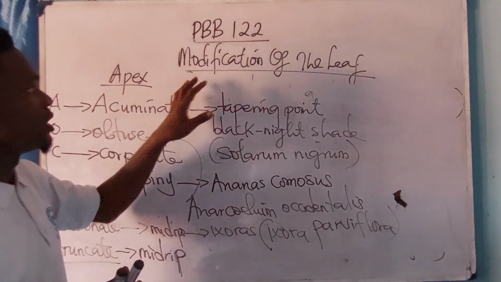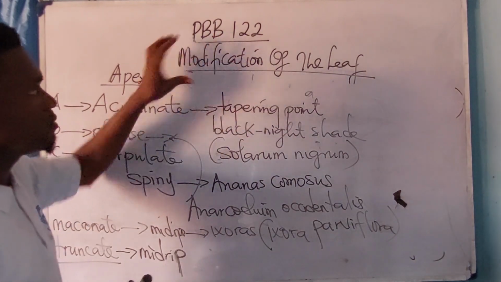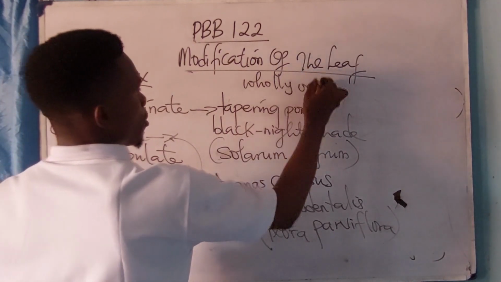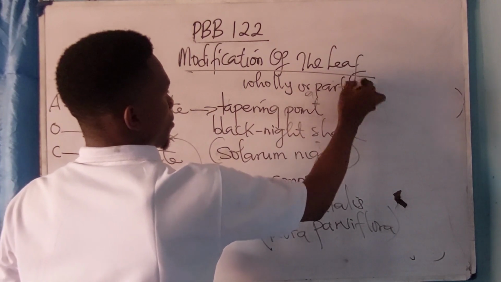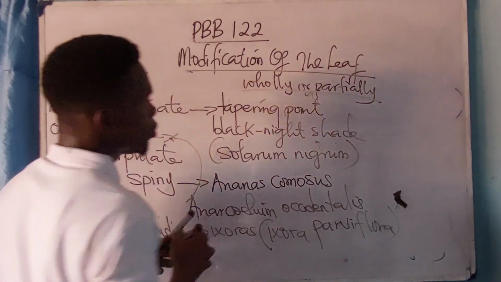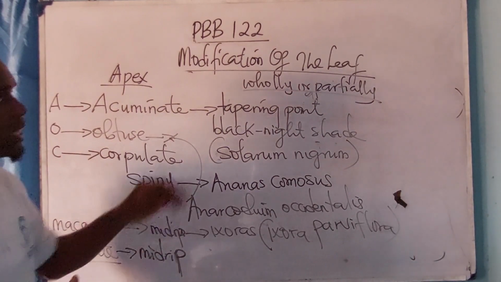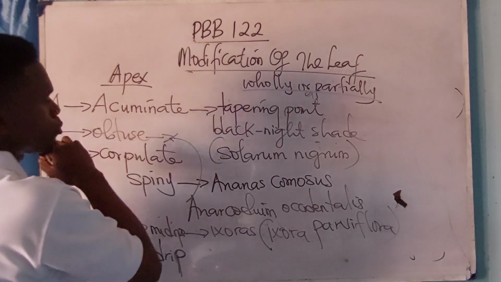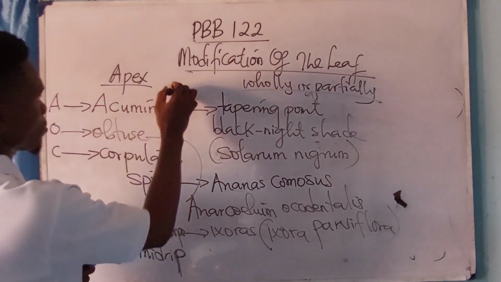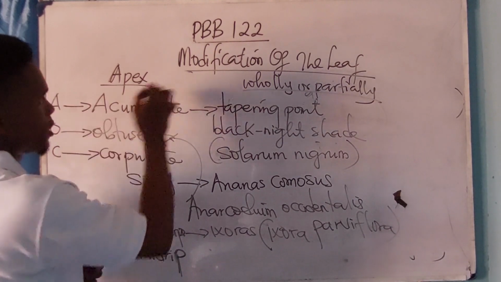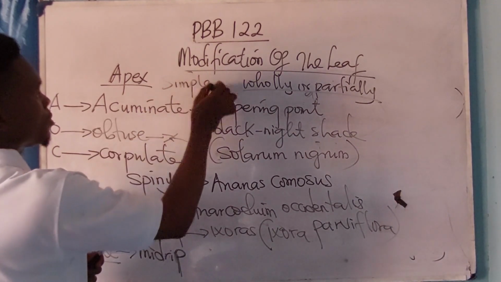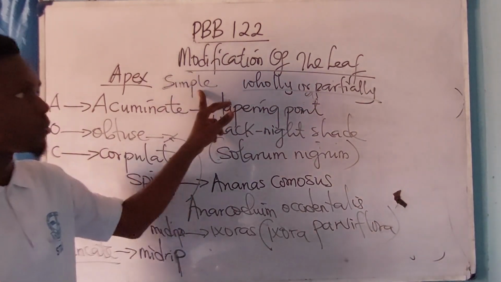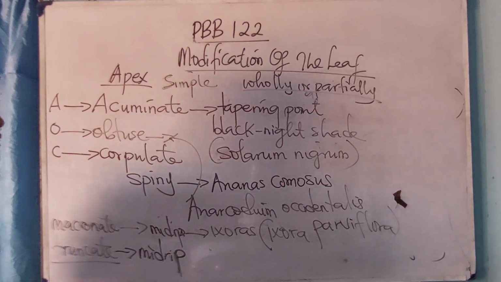Now, in monocot plants, the leaves are wholly or partially arranged. Monocot plants possess simple leaves, while dicot plants possess compound leaves. So take note of that.